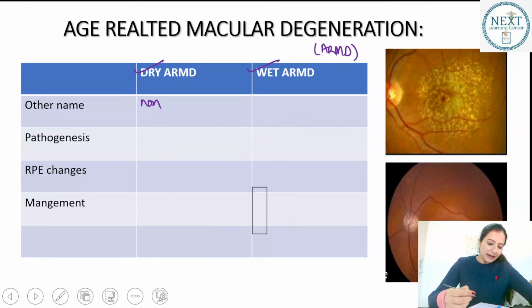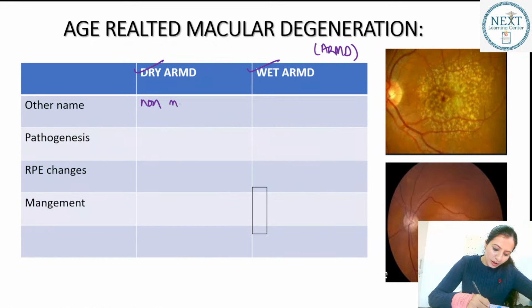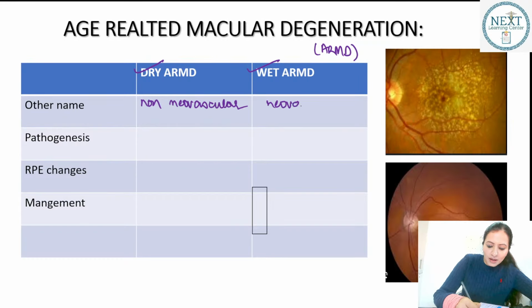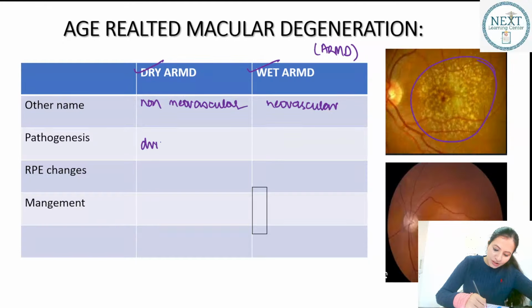Okay, so dry ARMD, other name is non-neovascular ARMD. Wet ARMD also known as neovascular ARMD. If we see, pathogenesis involves the formation of drusens. These are the drusens, multiple small yellow dots in the area of macula.